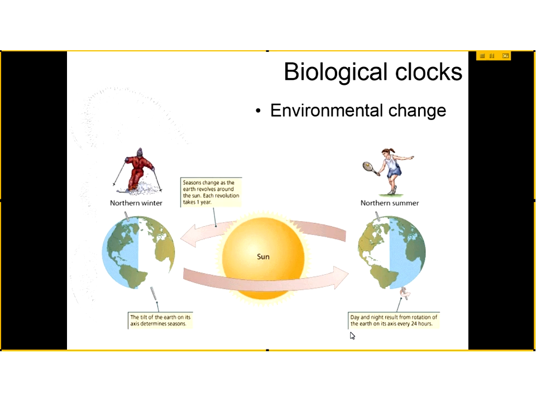So there are these consistent environmental changes that have been influenced by our evolution, and these are likely to be associated with changes in behavior. So let's look at some of those behavioral changes.